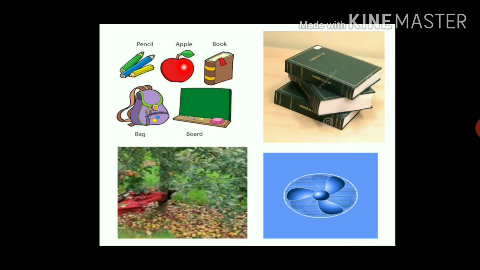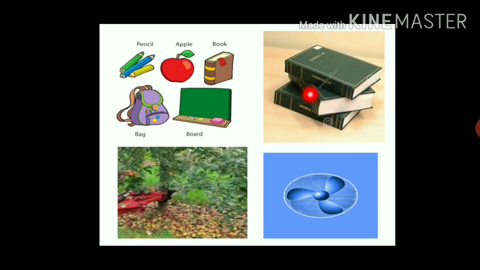Now these static objects do not move without the application of force, because every body resists change in its state of rest due to inertia. It means till an external force is applied on the object, it does not change its initial state.